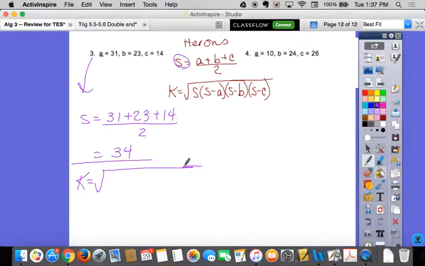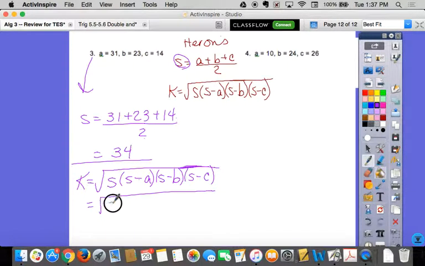Now, it kind of depends on how well you like your calculator. Let me just get the formula written down. If you want to, you can type the whole thing in there. I just personally don't like writing a whole lot of stuff. But our S value is 34. So what we're really doing is 34 minus 31, which is 3.